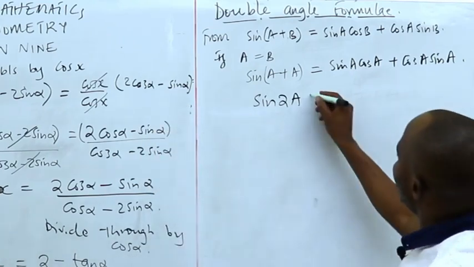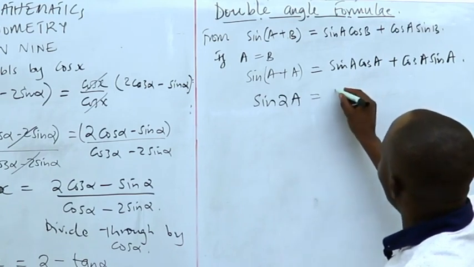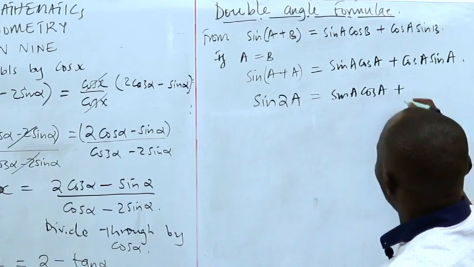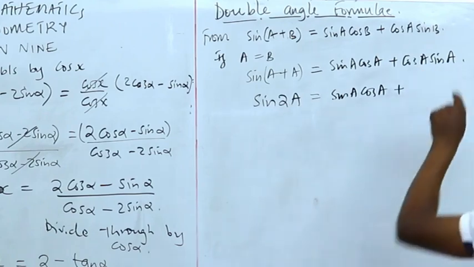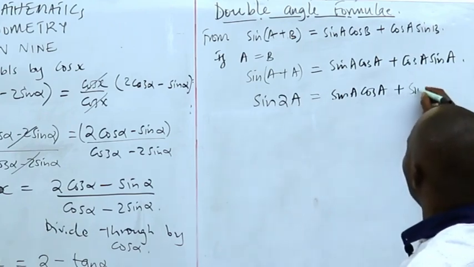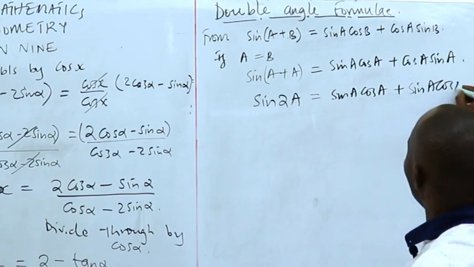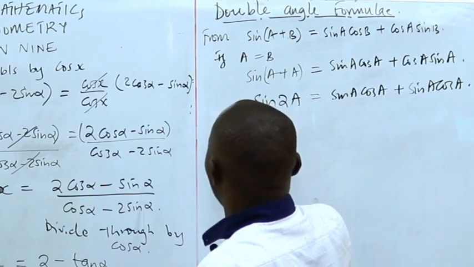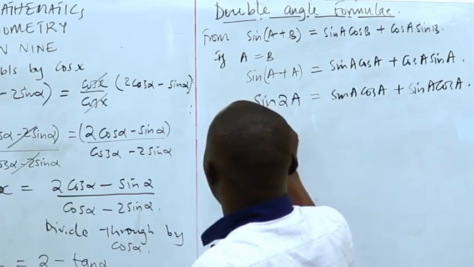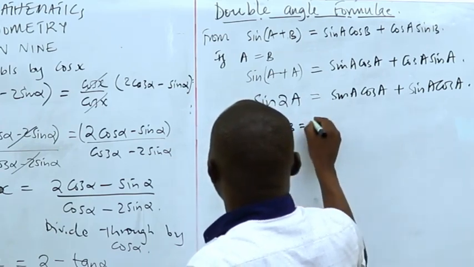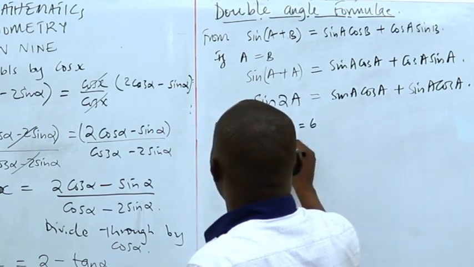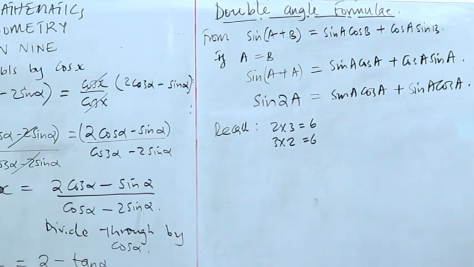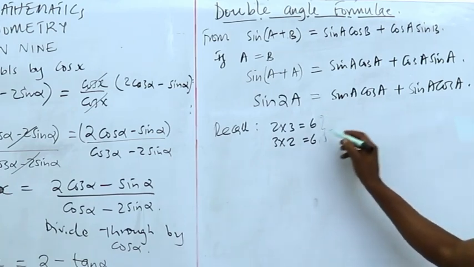Now, this side, we have sine A cos A plus, I can also decide to start with cos A sine A. Let me remind you. Recall that 2 times 3 is 6, and even 3 times 2 is 6. So in multiplication, the order of arrangement doesn't matter.